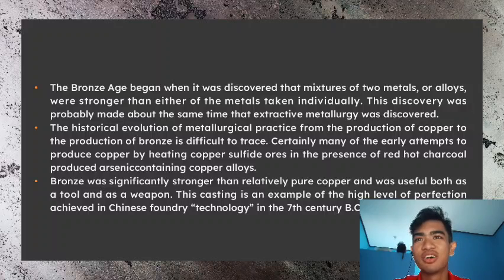From the technological viewpoint, accidental improvement of the properties of a metal is far different than the intentional mixing of two or more ores or refined metals to obtain an alloy with specific desired properties.